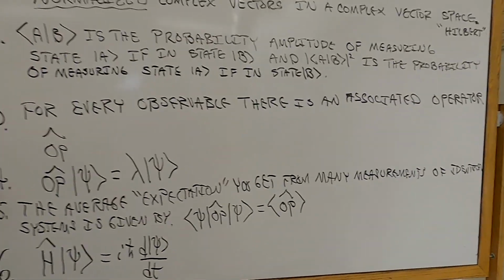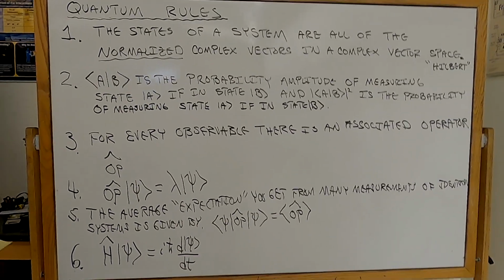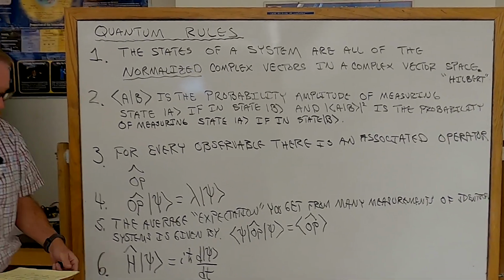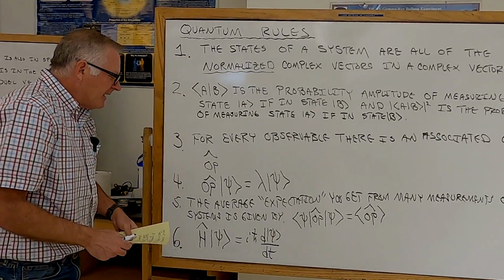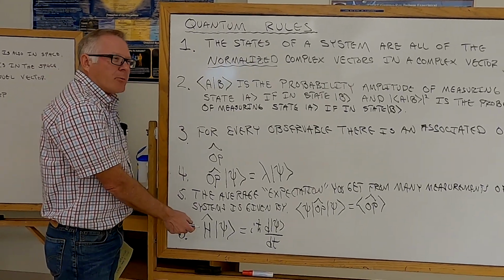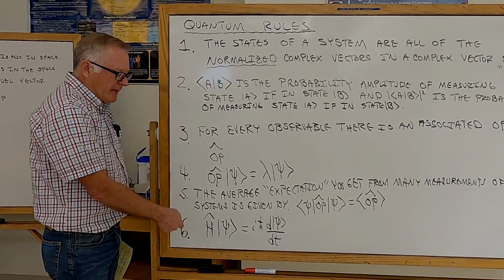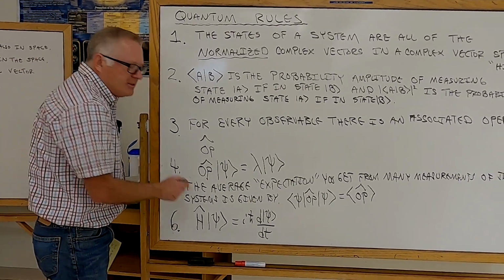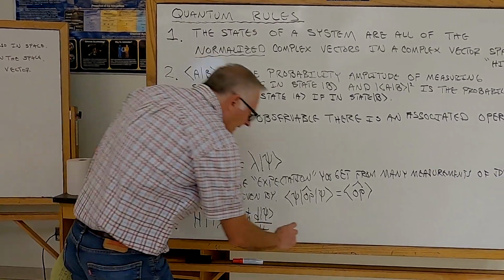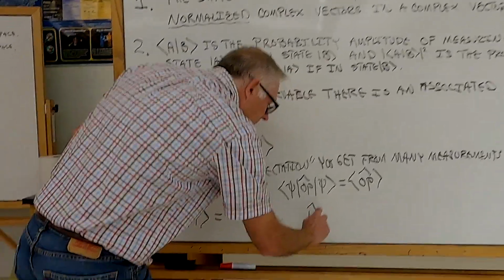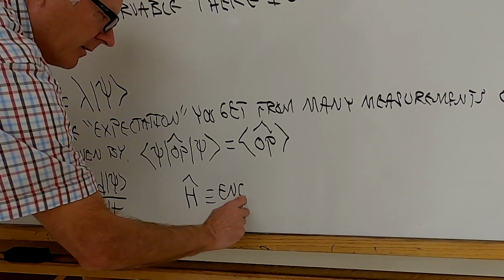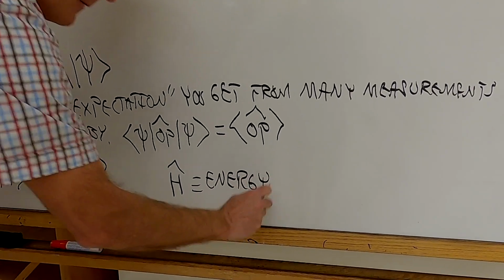So there's really only 5 rules at the most. Now you might say, what the heck is H right there? H is, remember, just an operator right here, but it's a special measurement. It's called the Hamiltonian, and it's the energy operator. So H is the energy operator.